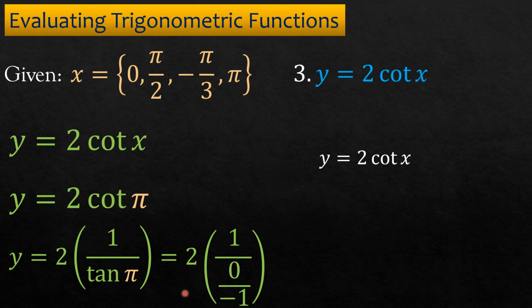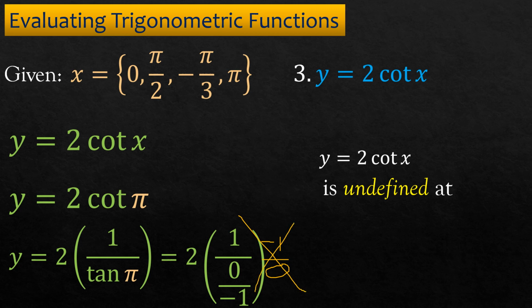So babaliktarin natin ang 0 over negative 1. Magiging undefined siya. Okay? Getting the reciprocal of 0 over negative 1 will give us negative 1 over 0, which should not be, making it undefined, okay, at x that is equal to pi.